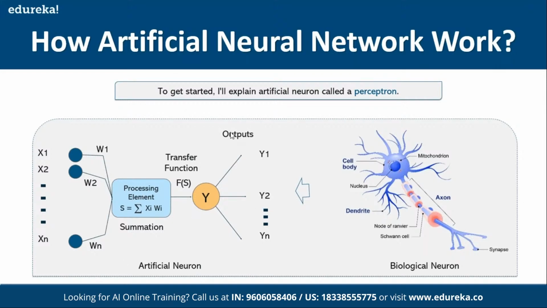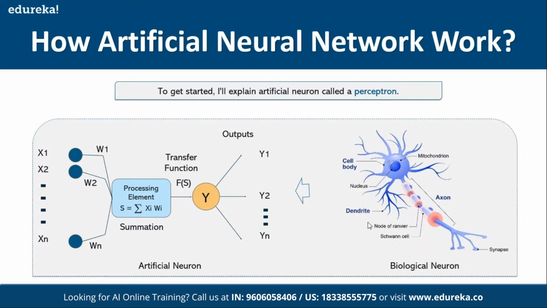Then we have a transfer function, which means whatever data is processed, based on a trigger, the output is fired. That's where we say a neuron fires, or fires the output. So that is where you have f of s, the transfer function, which results in your output.